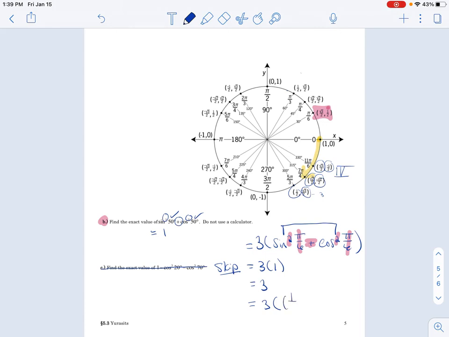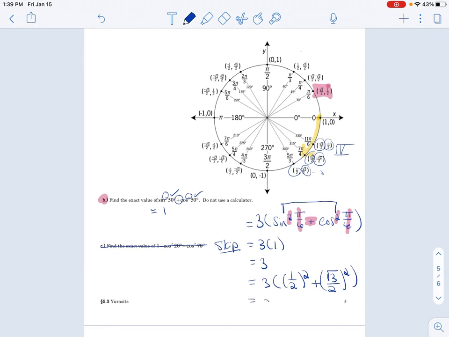Sine of pi over 6 is 1/2, and cosine of pi over 6 is root 3 over 2. Well, if I square that 1/2, I get 1/4. And if I square root 3 over 2, I get 3/4. And what do you know? 1/4 plus 3/4 is 1. So it matches.